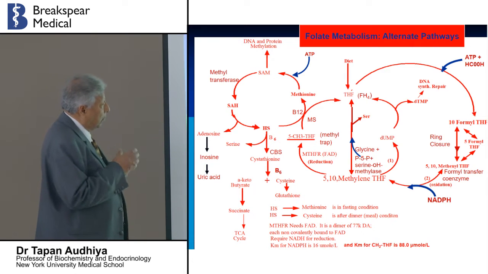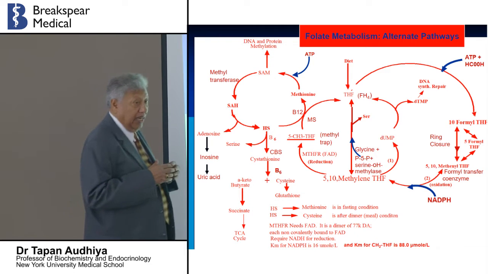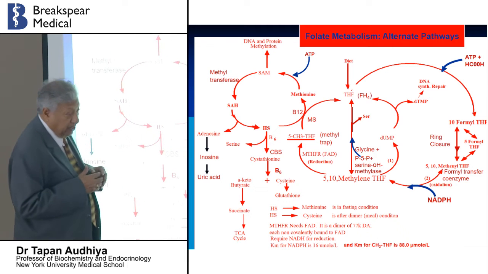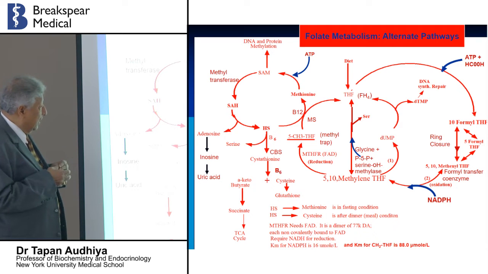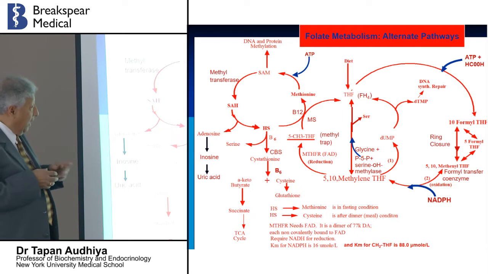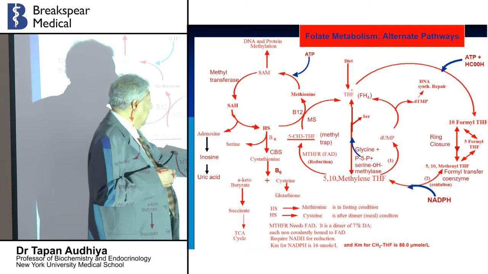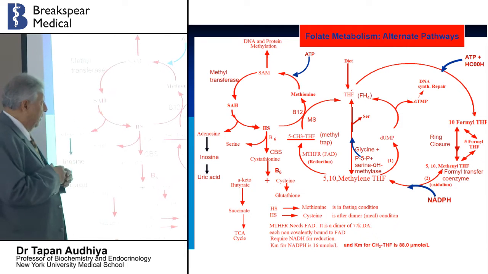Now, on top of that, the other one is 1298, a product of this mutation. That also has a severe issue with the sulfur metabolism, and it messes up this particular chain of reactions completely.